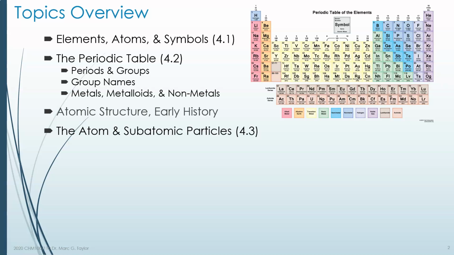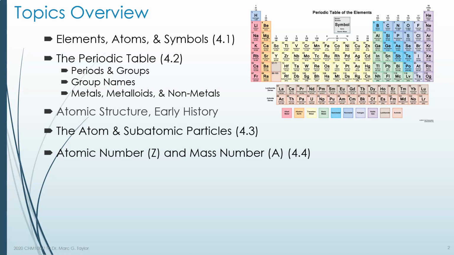We'll talk about the early history of discovering what the structure of the atom is. And that will include the discovery of some of the particles that make up the atom, what we call the subatomic particles. We'll talk about atomic number, which is the number of protons, the positively charged particle in the atom. And this is the only thing that determines what kind of atom it is.